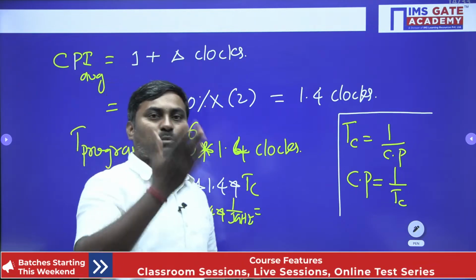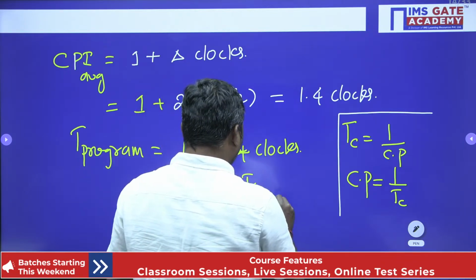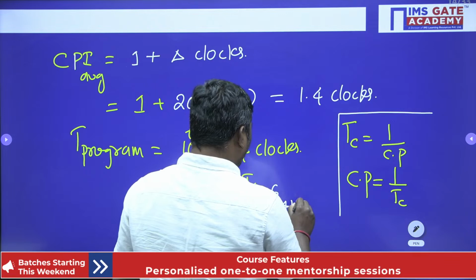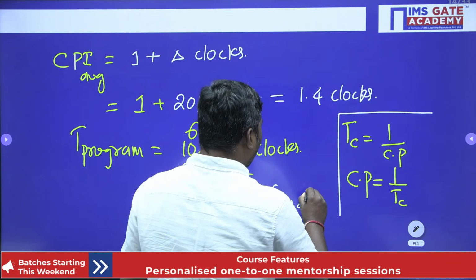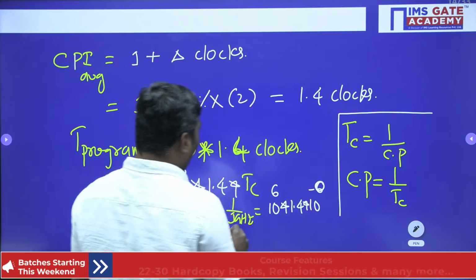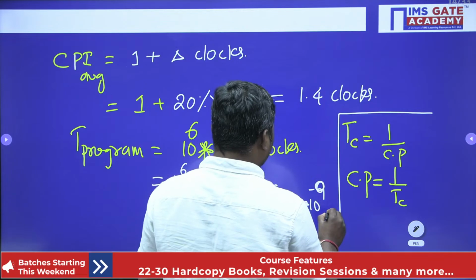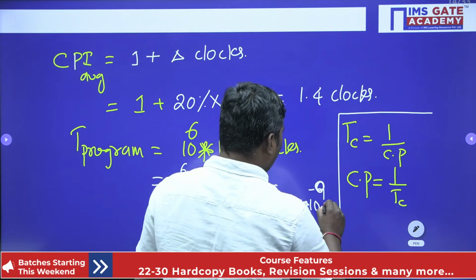Gigahertz, if you send it upside, it becomes nanoseconds. So 10 power of 6 into 1.4 into 10 power of minus 9, giga means 9 only, right? So nanoseconds, can I write it or not? So this is seconds.